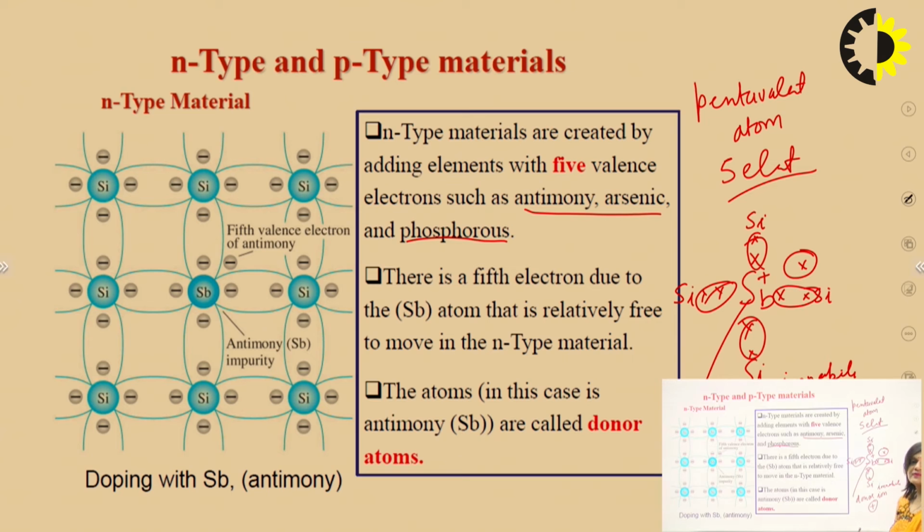Only electrons will move. This donor ion will remain as it is. So in N-type semiconductor, electrons will be in majority and holes will be in minority, and donor ions will be there. These donor ions will be immobile and will not move within the crystal.